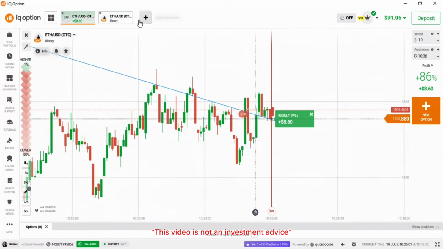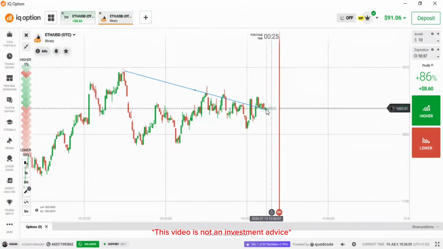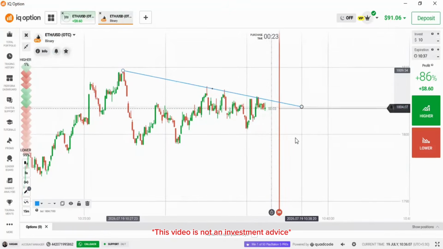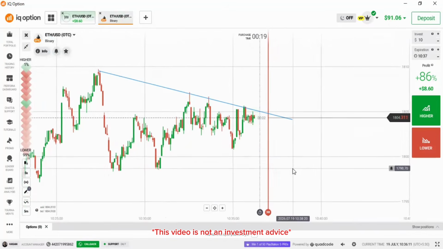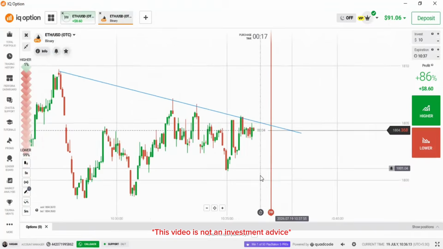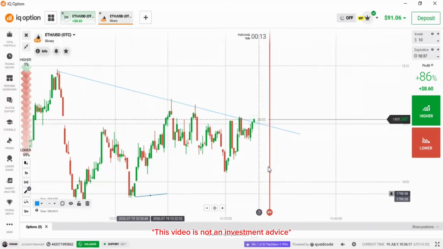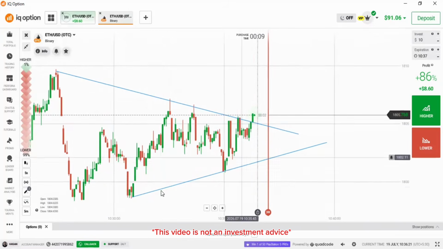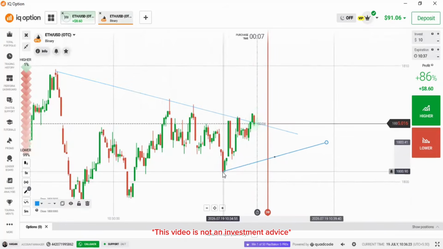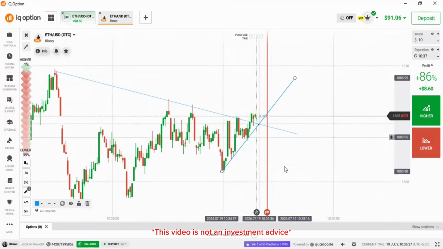So this is a winning trade. So I am going to draw this level. Here I will try to draw a level. The market made a high, and here as well it is making highs continuously.